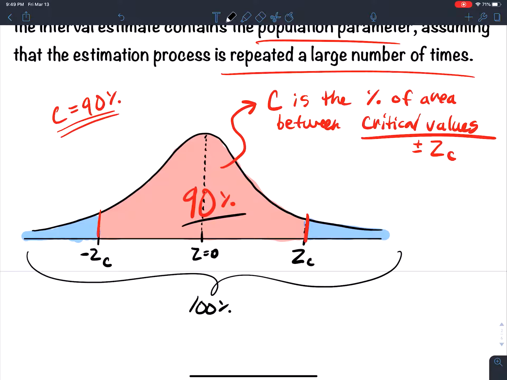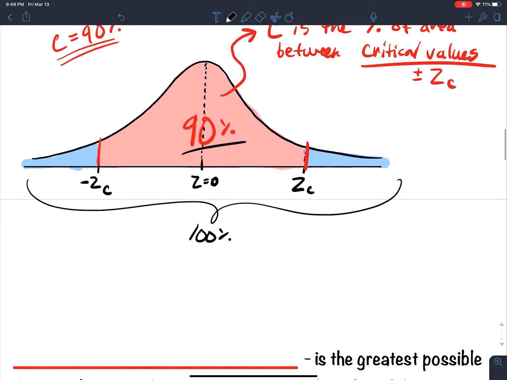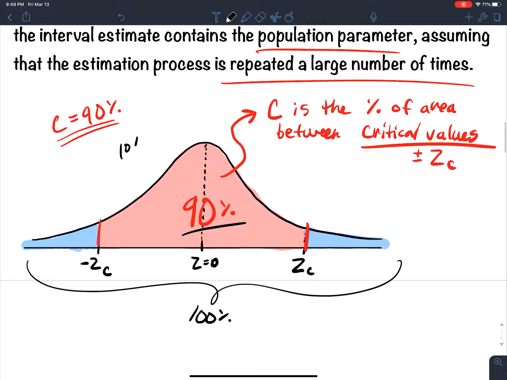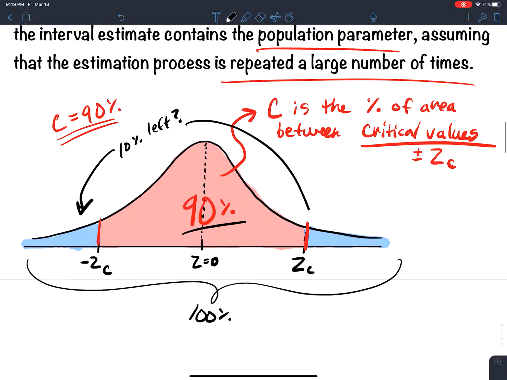Well, if 90 is used, then there's only 10% left, right? So do I put all 10% over here? No. Do I put it all on the right side? No. What am I going to do? I'm going to evenly divide it. I'm going to put 5% over here, and 5% over there.